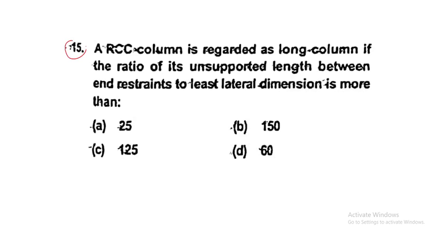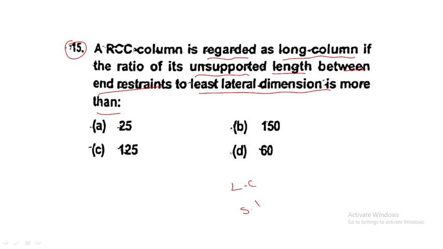Next, question number 15. An RCC column is regarded as a long column if the ratio of its unsupported length between end restraints to least lateral dimension is more than how much?